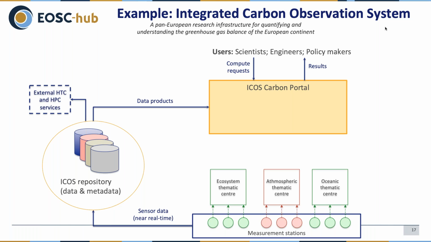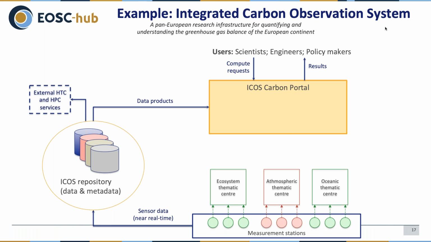One of the application use cases they have is monitoring the carbon dioxide concentration across Europe by having measurement stations deployed across several hundred or even thousands of stations, collecting that data in real time and pumping that data into big storage facilities. Then from there, staging the data out into high throughput compute, high performance compute, and cloud compute services, where they can generate different data products that are understandable by the scientists who want to visualize the changes in the carbon dioxide concentration.